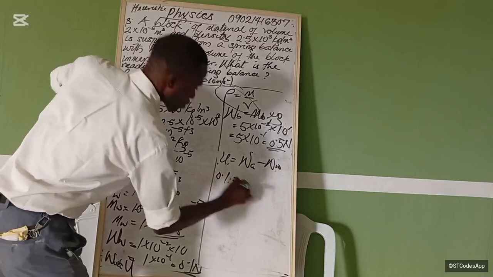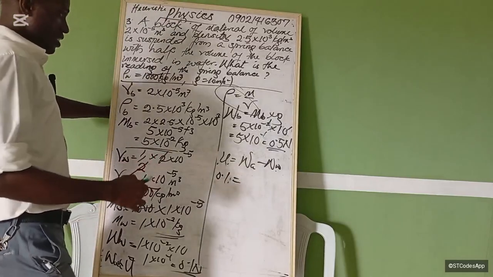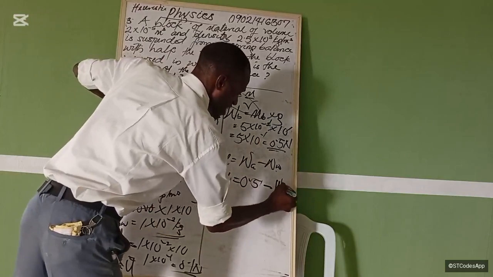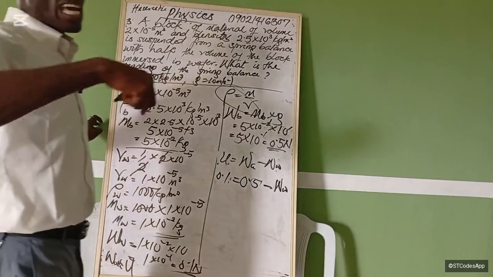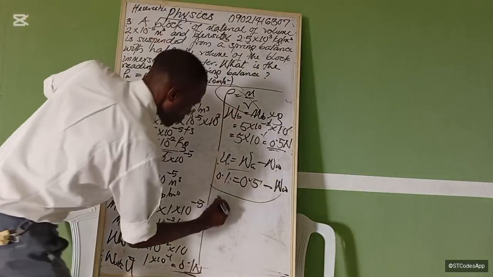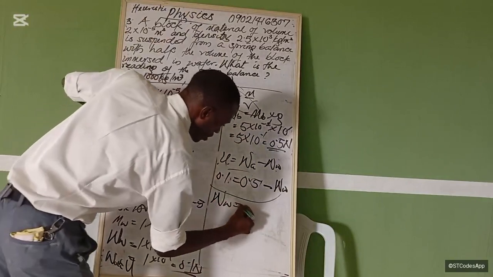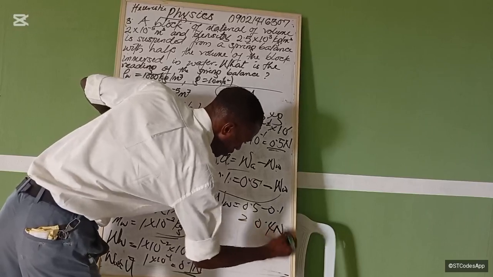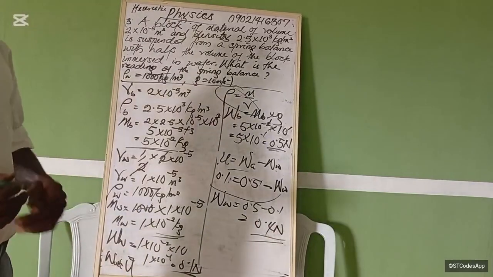So 0.1 is equal to the weight in air, 0.5 Newton, minus the weight in water. The weight in water is the weight that the spring balance will read. So weight in water is going to be 0.5 minus 0.1, that is 0.4 Newton. I hope that is clear.